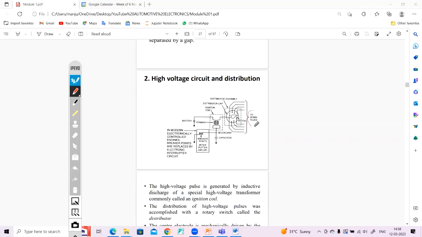A transformer transfers the current from the primary to the secondary windings, which acts as input to form some control and some powerful circuits.